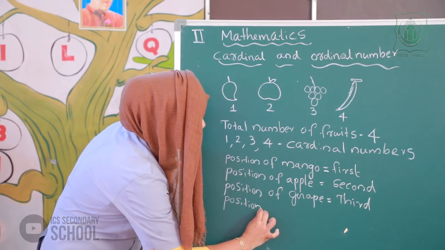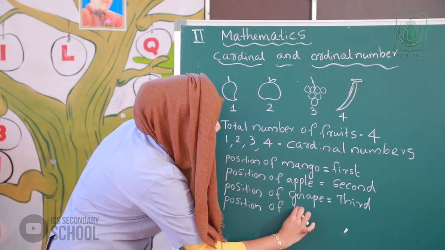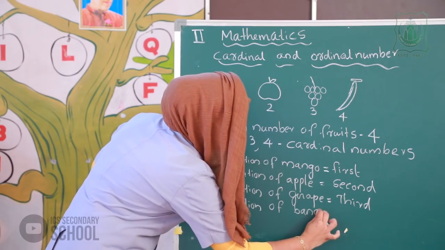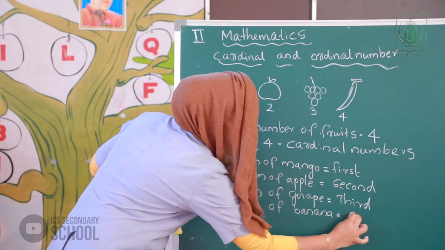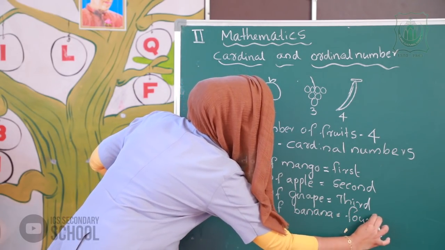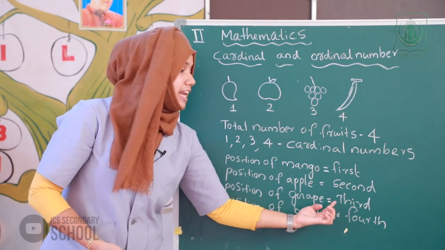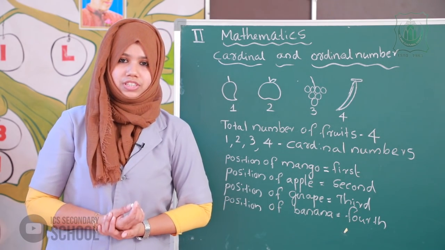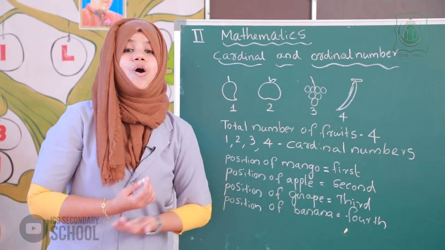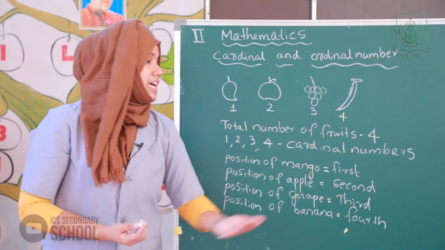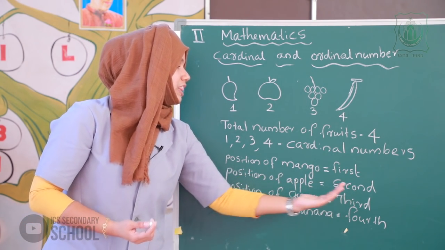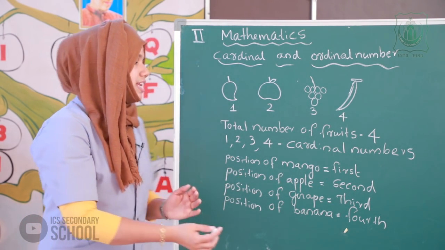Okay. This first, second, third and fourth, and that is ordinal number. The first, second, third and fourth are ordinal numbers.